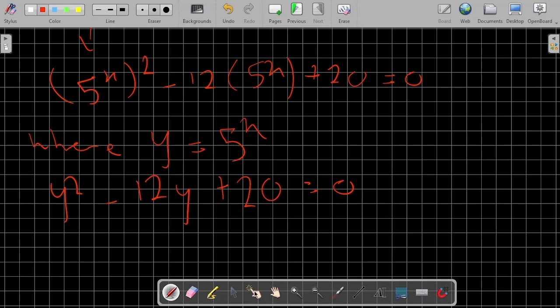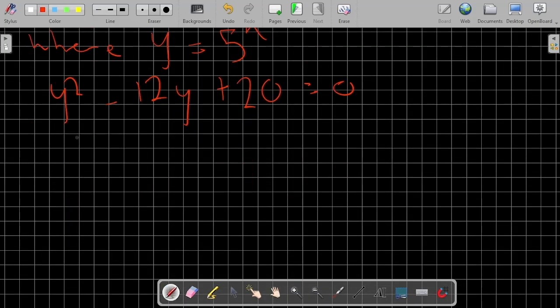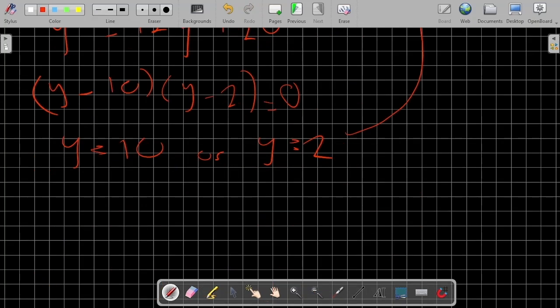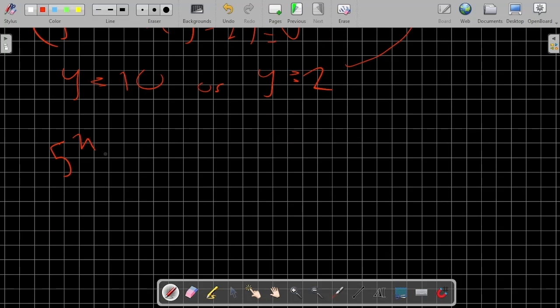So now you solve it like you would solve any other quadratic. Factors will be y minus 10 and y minus 2 equals 0. Therefore, y equals 10 or y equals 2. Do not forget to substitute these values back into this equation. So that means it's going to be 5 to the power x equals 10 or 5 to the power x equals 2.